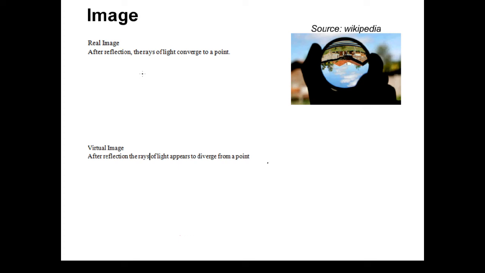I hope you all have the basic idea of spherical mirrors. As I haven't discussed spherical mirrors yet, but still I am assuming that you know what a spherical mirror is. Let us see, I will draw one spherical mirror here.